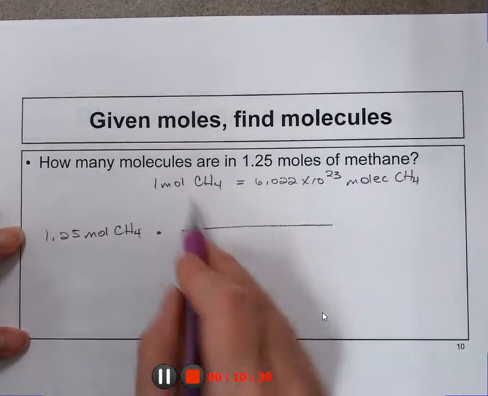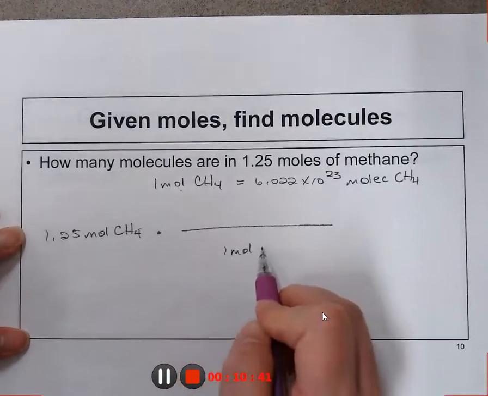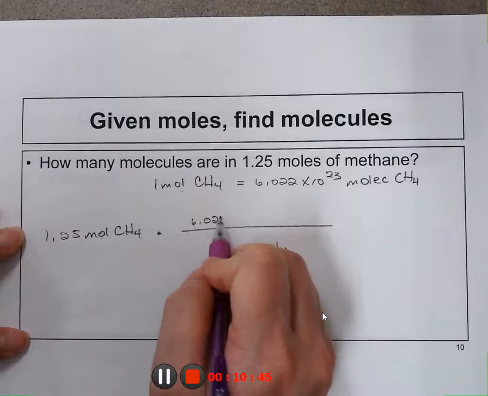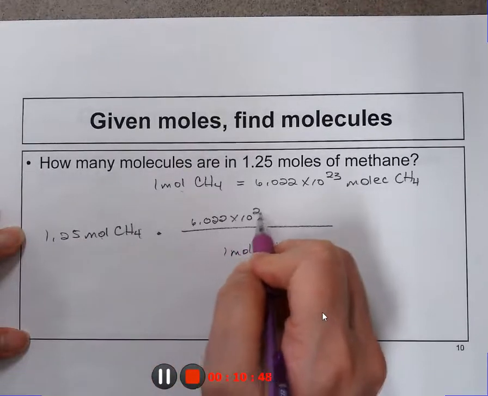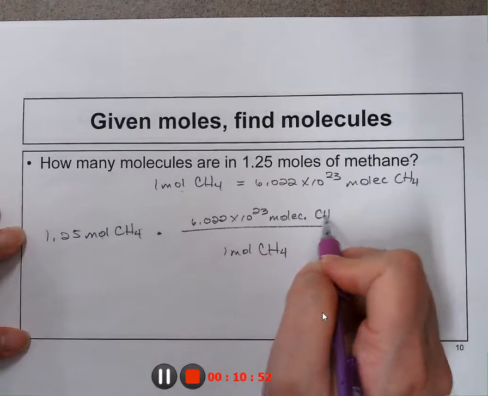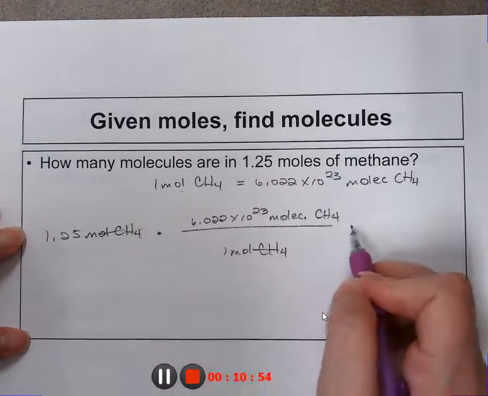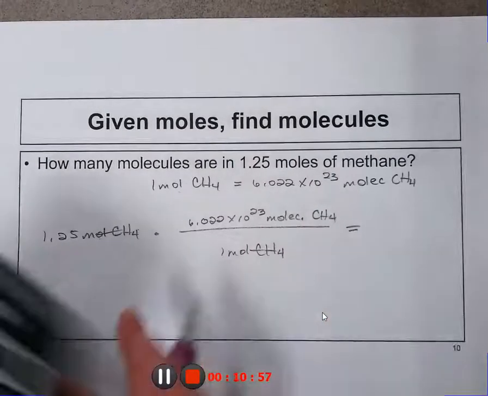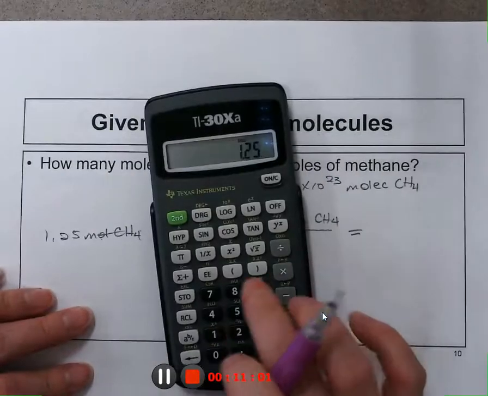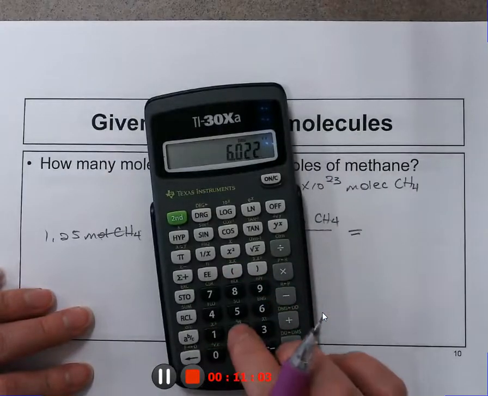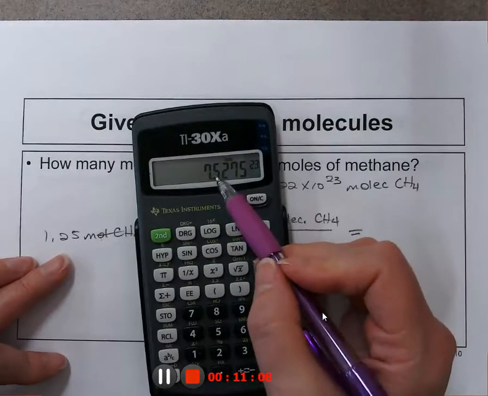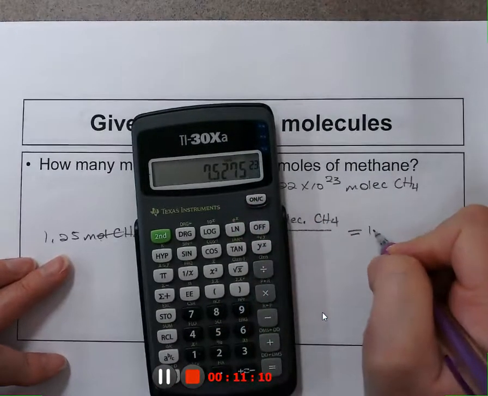Since I need moles to cancel, that goes on the bottom. Moles cancels, and this is a multiplication problem. Three significant digits. Look to the right, round up.